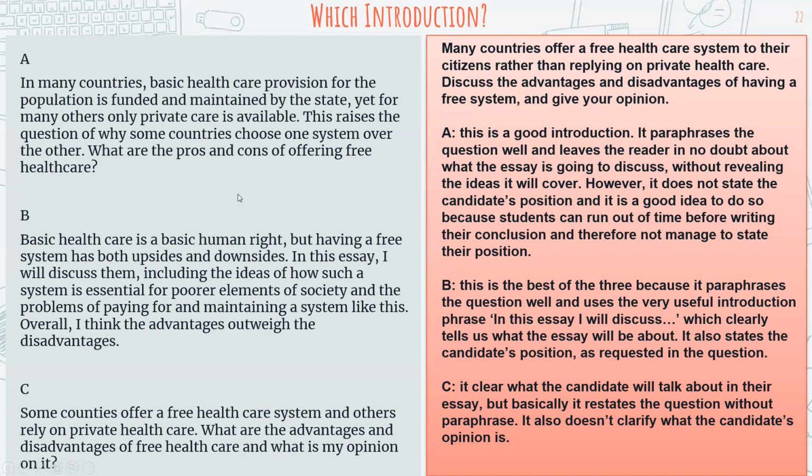B is the best of the three because it paraphrases the question well and uses the very useful introduction phrase: In this essay, I will discuss. So you will have to use this expression. In this essay, comma, I will discuss whatever, the pros and cons, the advantages and disadvantages, the benefits and drawbacks of, and so on, okay.